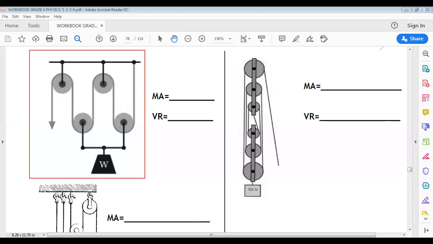So this is the load, and this one, two, three, four. So how many strings are there? No, beta Ananya, please check. There are four strings which is supporting this load. This end is changing the direction only. So my MA is 4 and my VR is also 4.